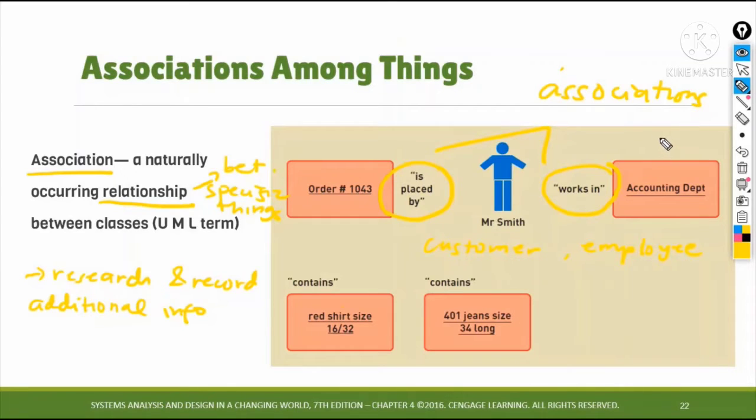So information systems need to store information about things such as employees and departments, but equally important is storing information about the specific associations between those things.